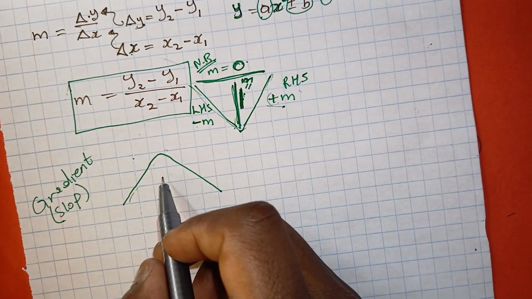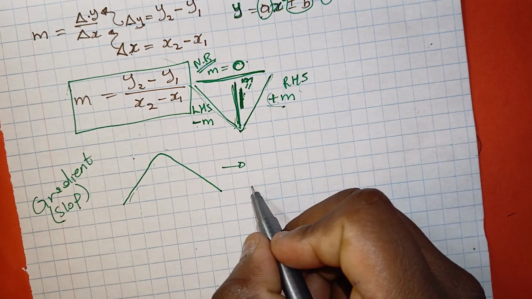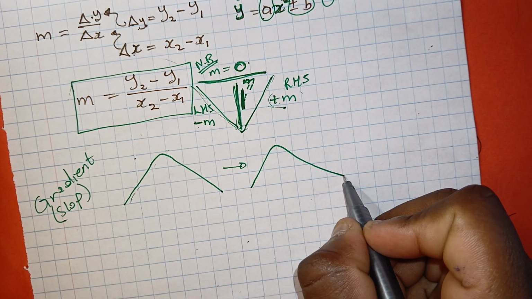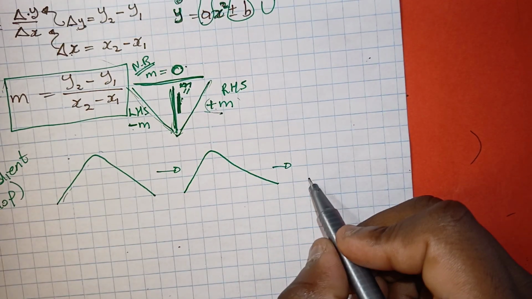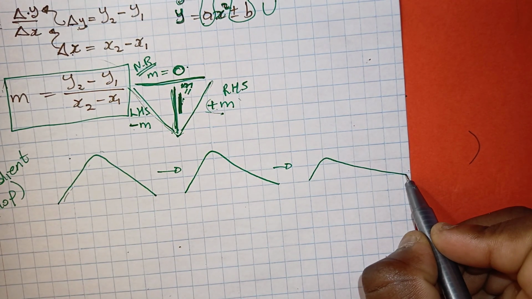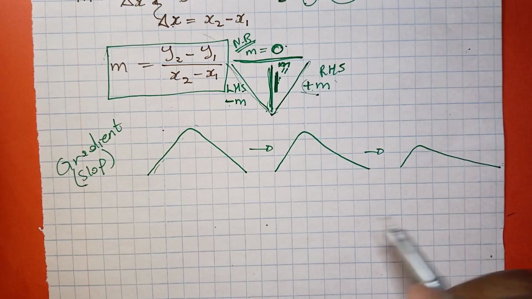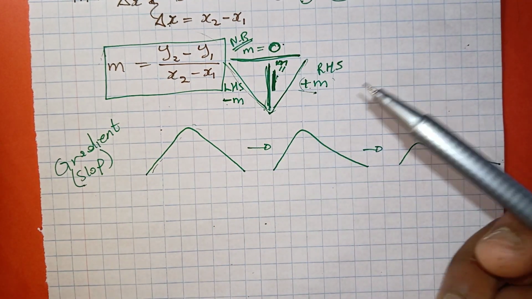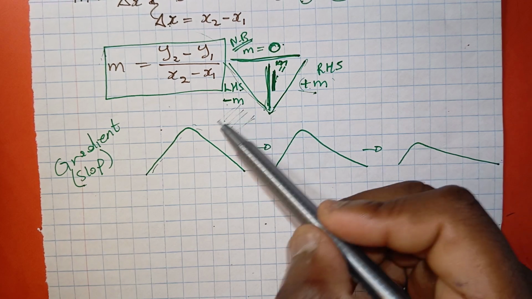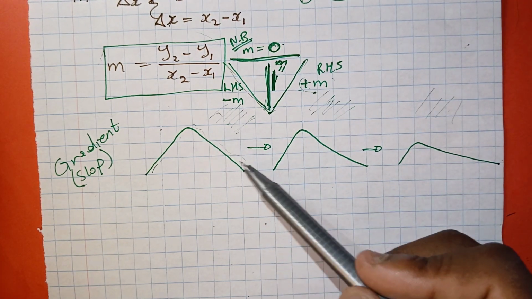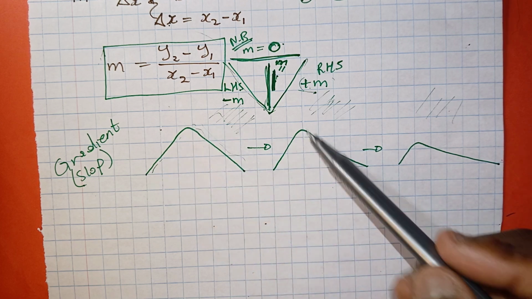As time goes, this hill becomes like this, then as time goes on it becomes something like that. What will cause this hill to change shape? It will be something like rain. If there is more rain, all the stuff will erode and go down.